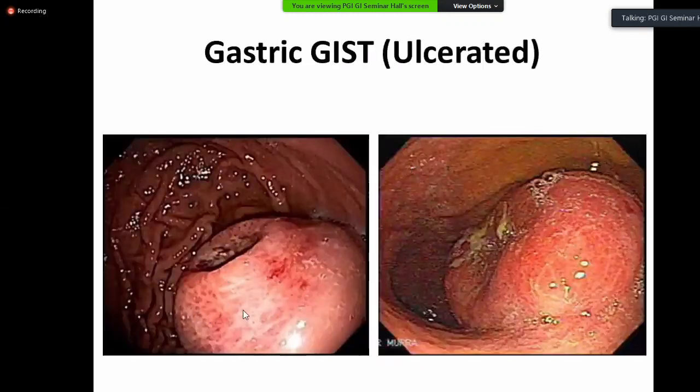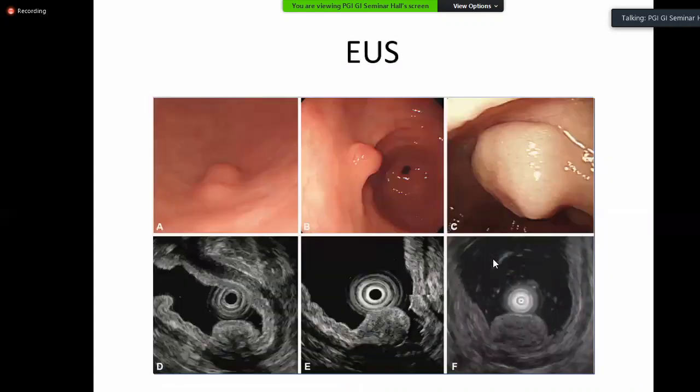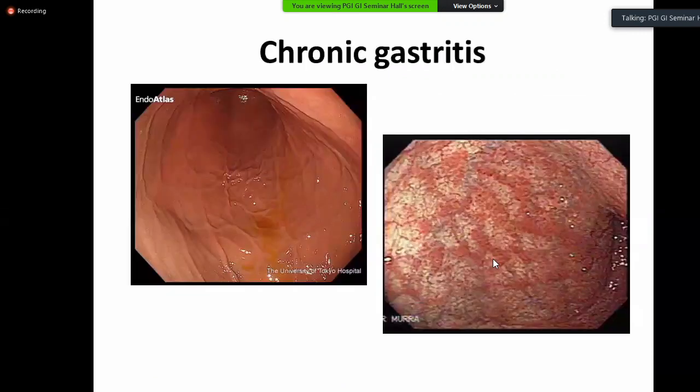Stromal tumors are classically submucosal with a volcano-like appearance. This is the classic picture of a stromal tumor in the stomach, but not all patients may have this volcano-like appearance. Some of them may have just a smooth bulge. Again, this will be a suggestion, and identification will need EUS.